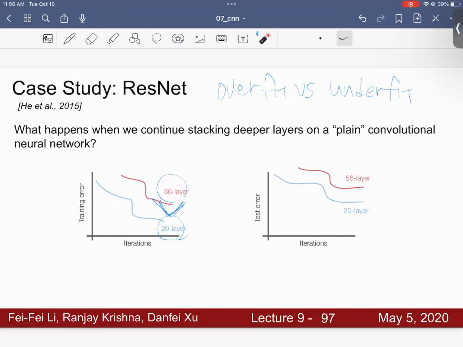Right, gradients keep multiplying, but that could very well lead to exploding.